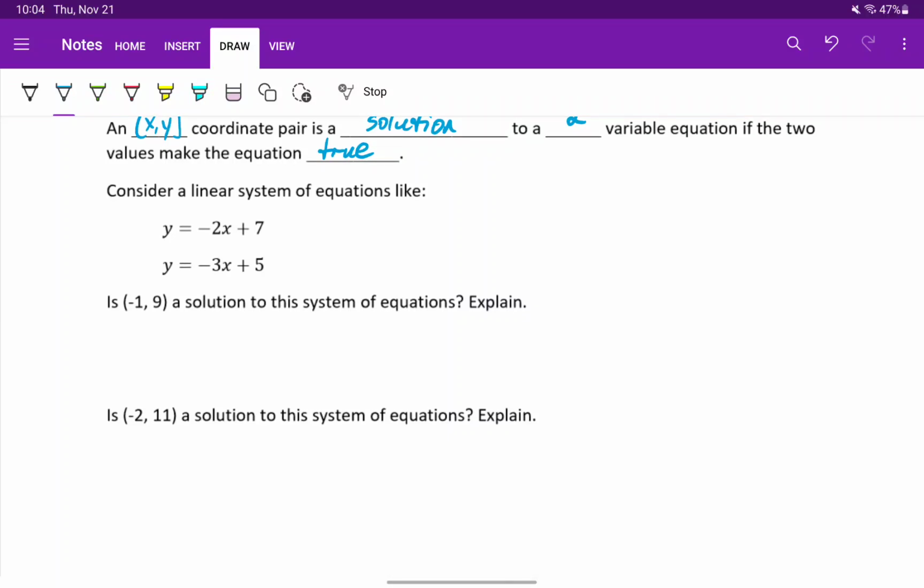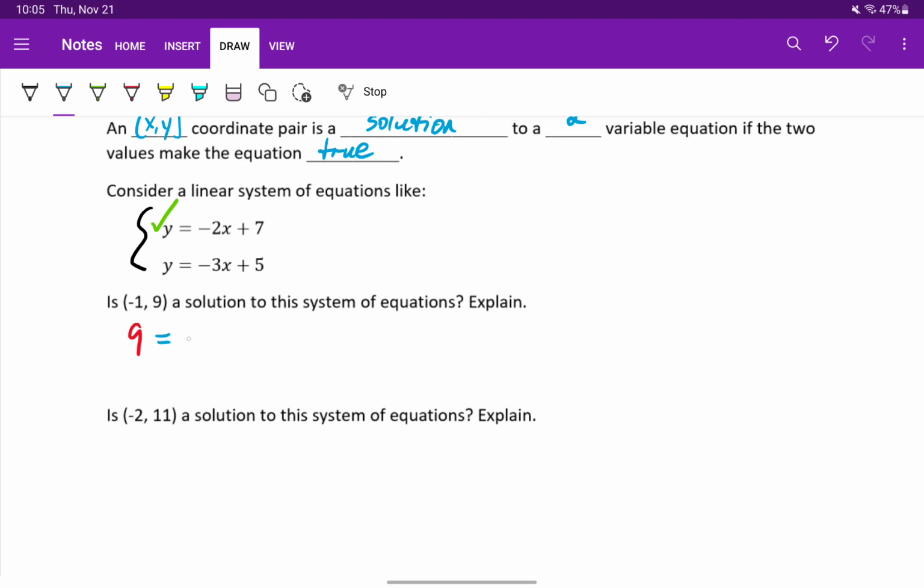Now we want to take that idea and see how it applies to a system of linear equations. Now we have a pair of equations. We want to find any xy values that make both equations true. So the first question is, if negative 1, 9 is a solution. We already know that it is for the first equation, because we just checked that in the previous question that we looked at. Now what we need to do is see if negative 1, 9 is a solution to the second equation.